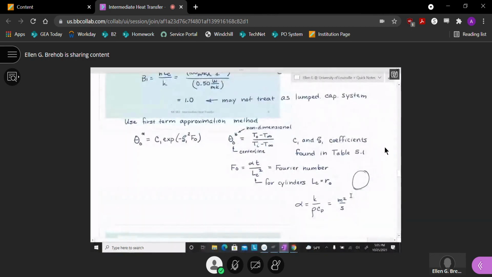Okay. So I'm back to this. I want to rearrange to solve for Fourier.